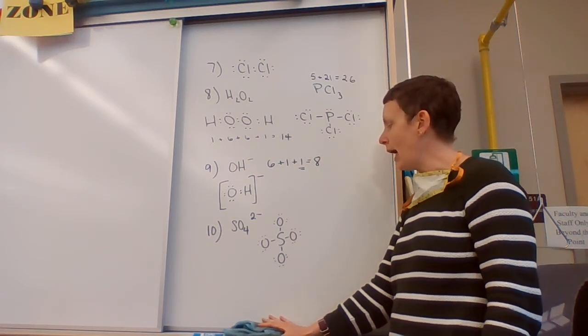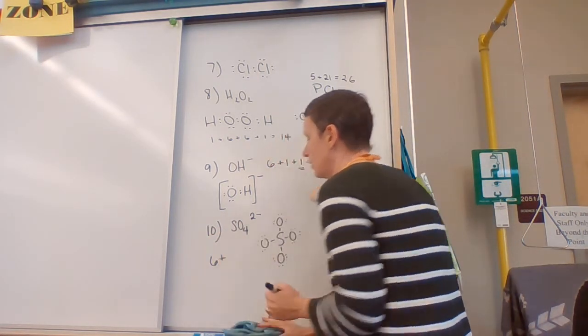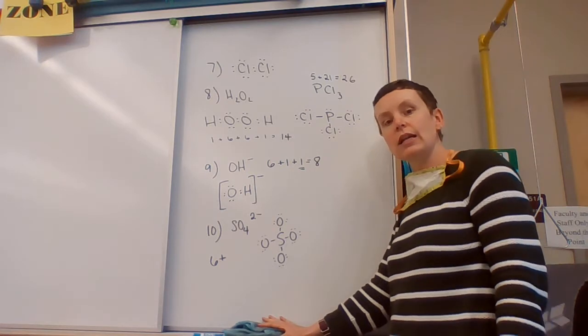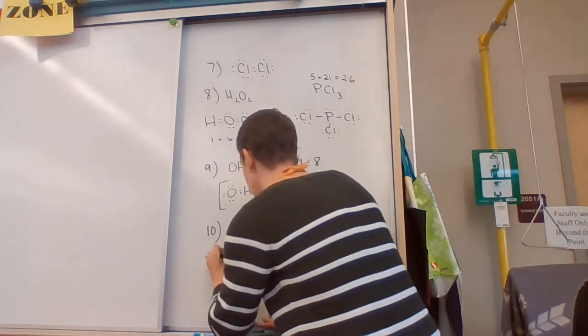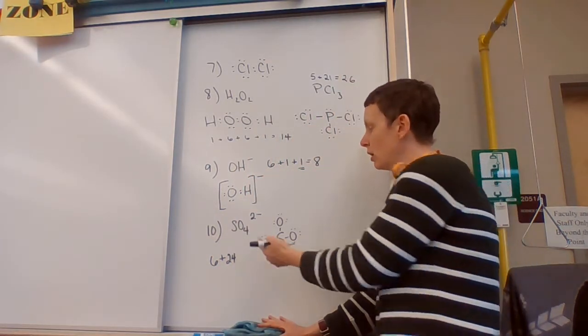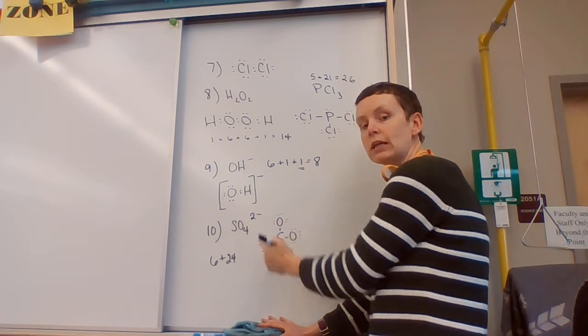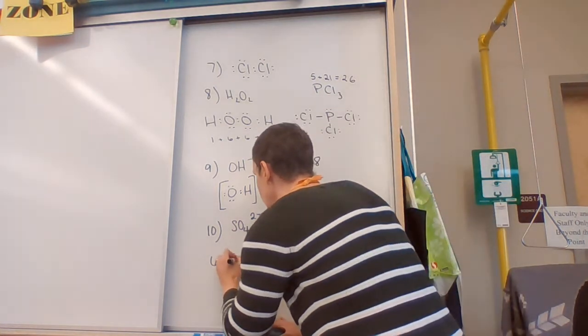Okay? Now add, count, and compare. Well, sulfur has 6, 4 oxygens, and each oxygen has 6 on its own, so 4 times 6 is 24. And don't forget the charge. A -2 charge means 2 electrons have been gained here. So we add 2 more.